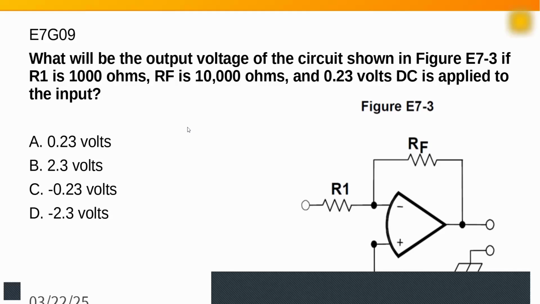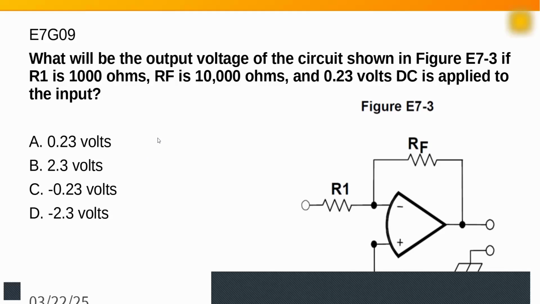Okay. We got another one here. R1 is 1,000 and RF is 10,000. And the input voltage is 0.23 volts.